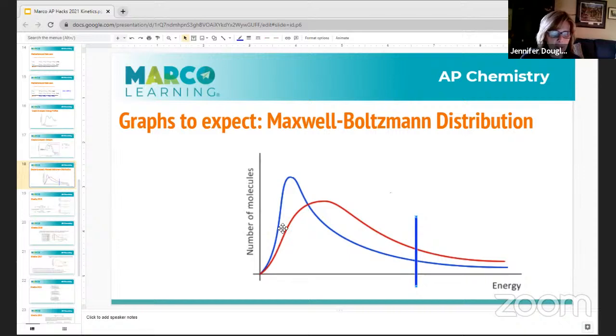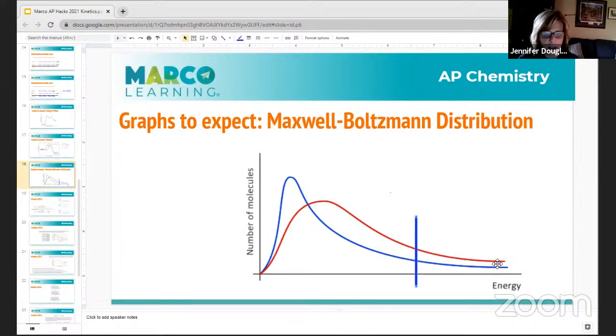And so what happens is, if this is the same sample of a gas, for example, and all you're doing is increasing the temperature, then if you shift that line to the right, it's going to have to come down because you've still got the same number of molecules. So where we care about it in kinetics is if you look at this red line right here, there are more molecules underneath that curve.